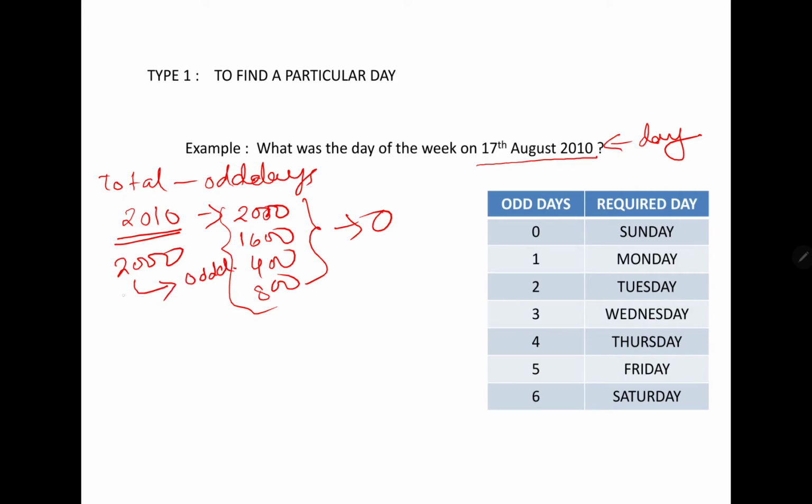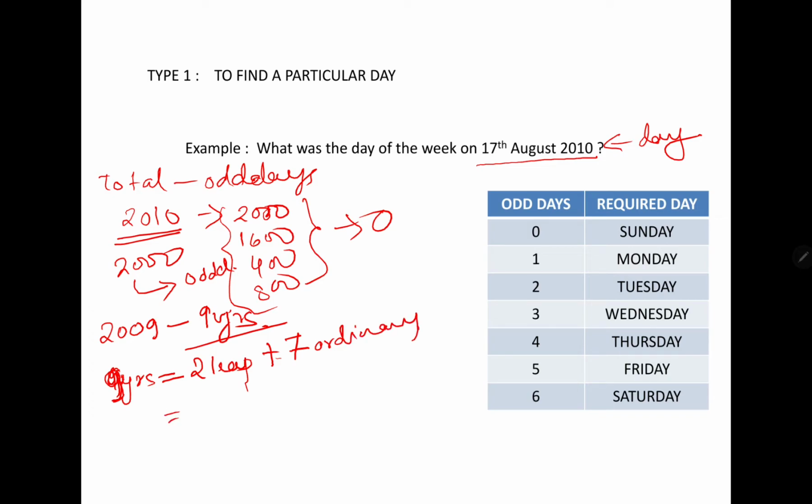Now from 2000 to 2009, how many years is it? 9 years. For 9 years, if we divide 9 by 4, we have 2 leap years, and then 9 minus 2 gives 7 ordinary years.